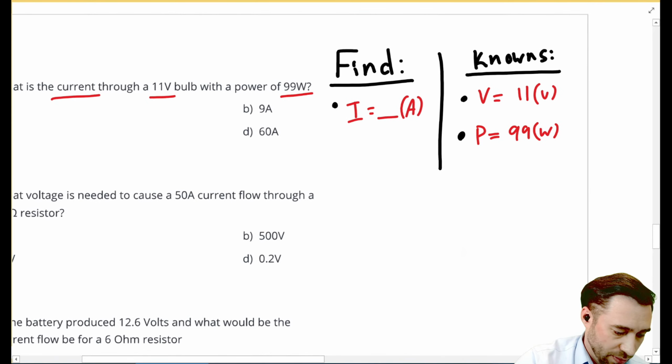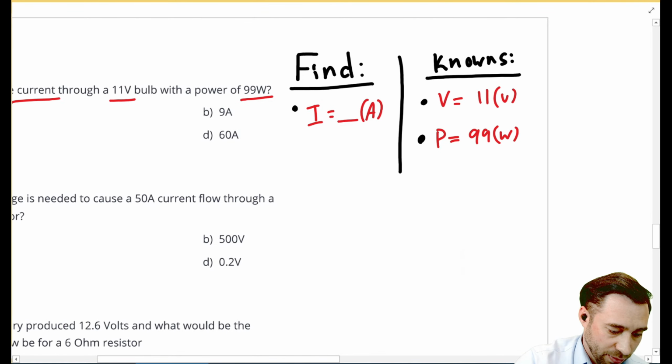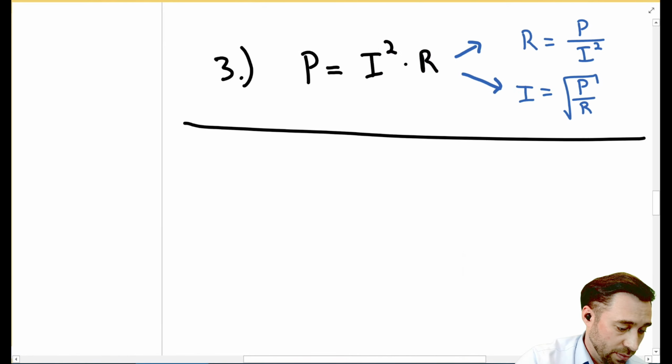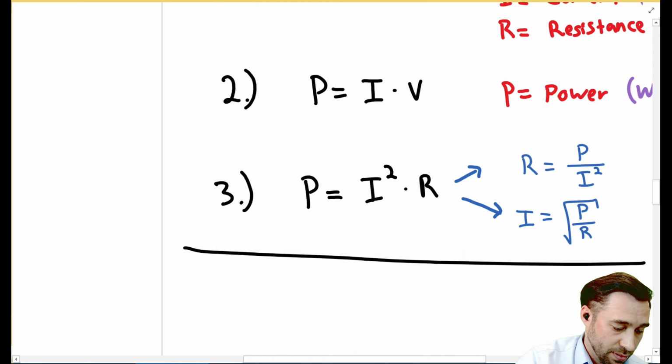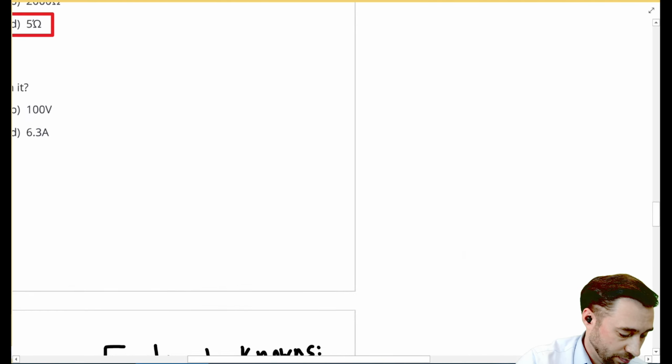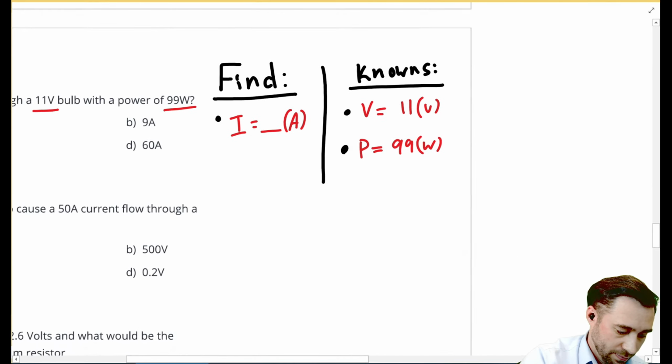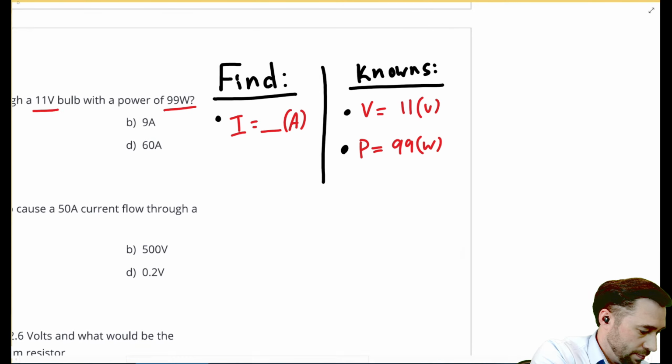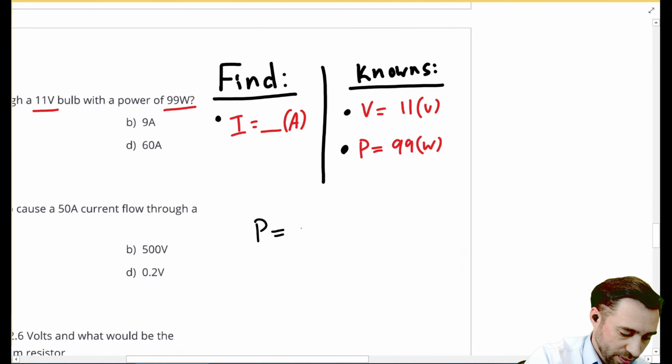Okay, so I'm looking for a current and I'm given voltage of 11 volts and power of 99 watts. I'll go back up to my equations. So P equals IV. Power is equal to current times voltage.